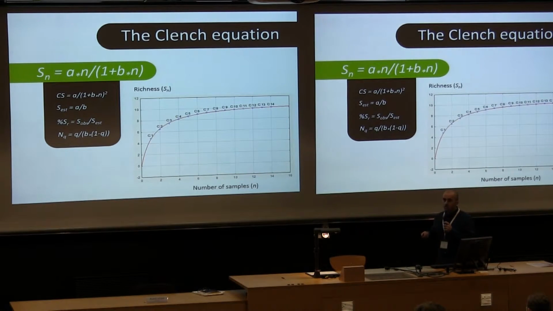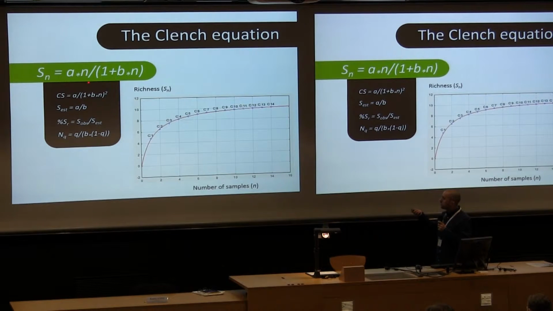We can take this measurement of accumulated richness within the equation and relate it to the number of samples we've measured to estimate a parameter A, which is the taxon addition rate, and a parameter B, which is the shape of the curve in the last stages related to this taxa addition.